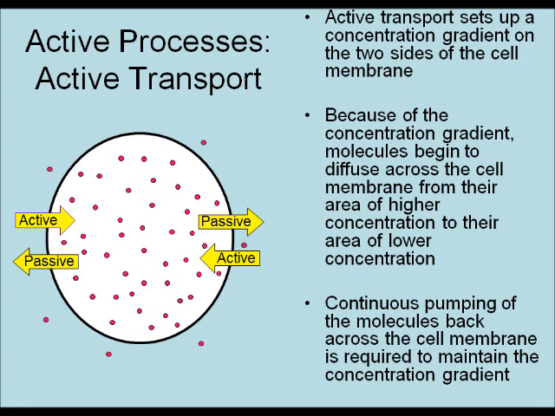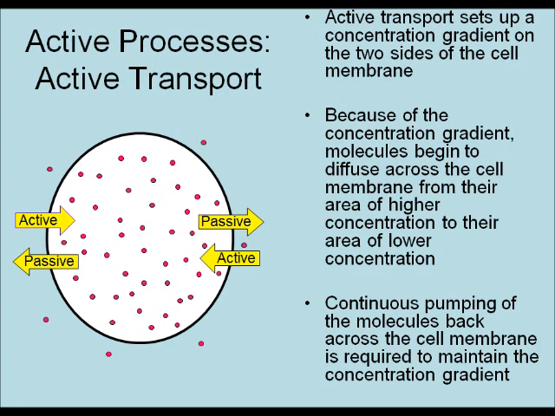So we'll start out with primary active transport and secondary active transport, and I want to say a couple of things about these two processes before we get into the specifics. First of all, primary active transport directly uses energy from ATP to pump molecules. Secondary active transport does not.